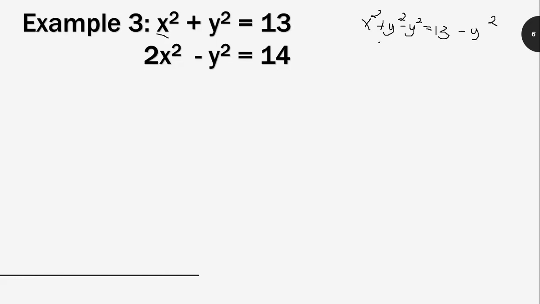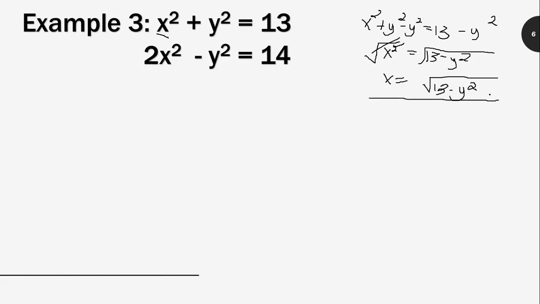Y squared minus y squared, 0. And then square root po para x na lang. So x is equal to the square root of 13 minus y squared.